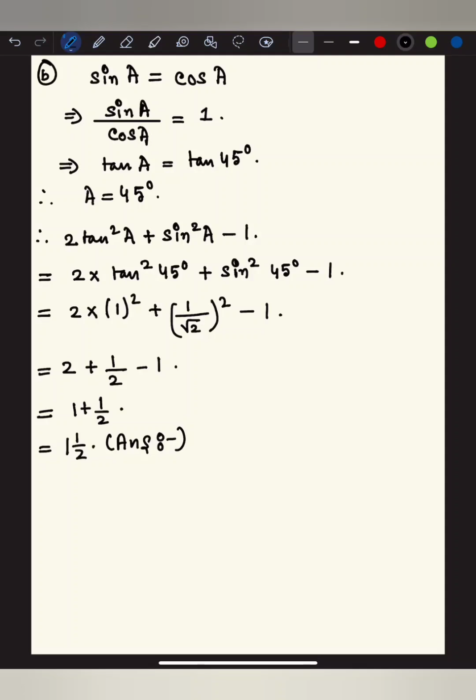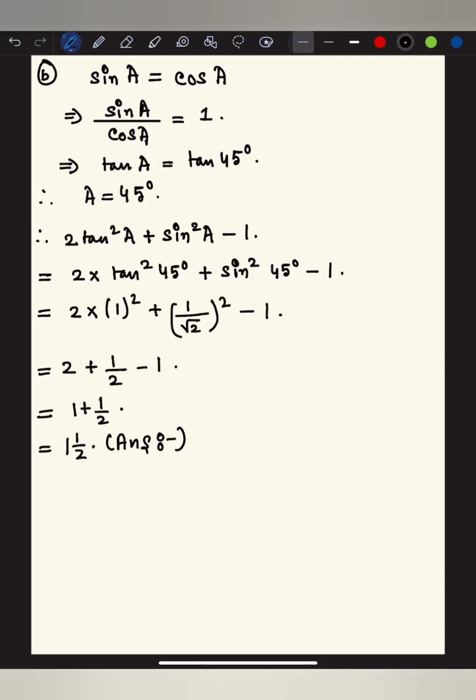Okay, so sin A equals cos A is given, or we can say that if we bring this cos A to the left hand side, then it will be sin A by cos A equals 1, which implies tan A equals 1. We can write 1 as tan 45 degree. Therefore tan A equals tan 45 degree, which implies A equals 45 degree. Understood?